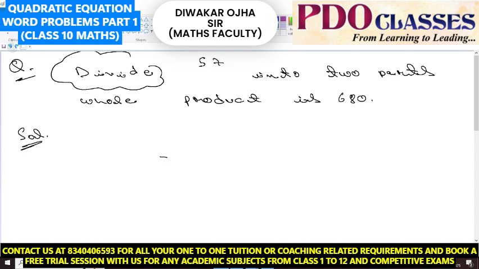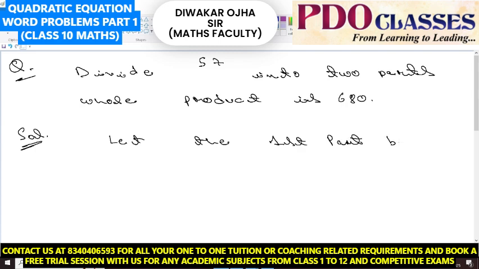No, we have to just distribute 57 into two parts. Let the first part be x. Then the other part will be 57 minus x.